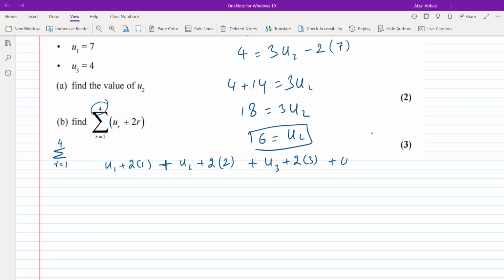So u4 plus 2 times 4. So this is what it equals to. Now we can see that we have u1, u2, u3, u4. Then this is 2. 2 times 2 is 4.